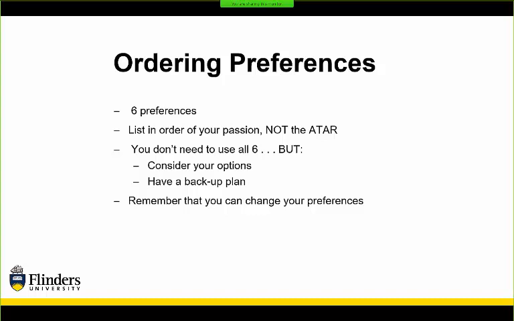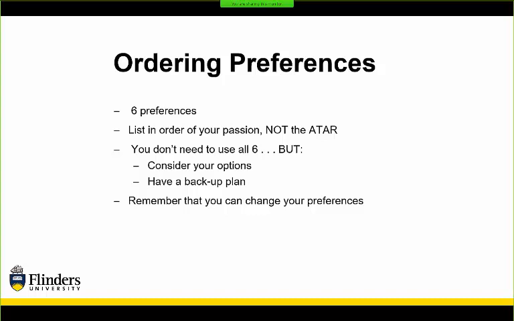We also always recommend that you list what you want most as a #1 preference. Even if you think you know that you won't get the ATAR required to get into that, still list that as your first preference, because as I explained earlier, the competitive entry score does fluctuate a little bit, so you never know what might happen. And then of course back it up with some perhaps lower level, less competitive ATAR degrees as well.